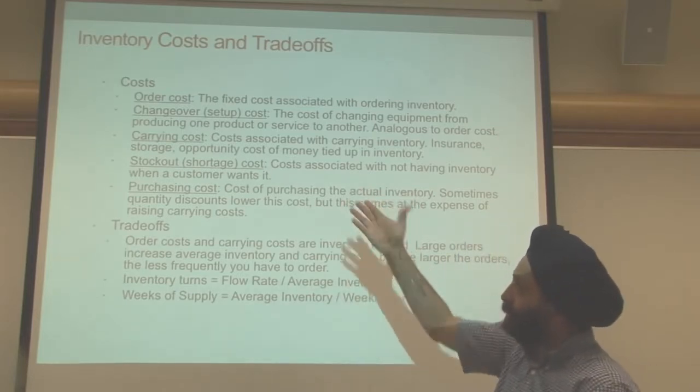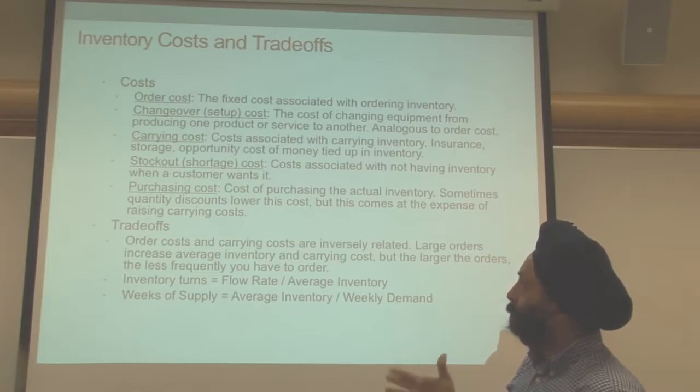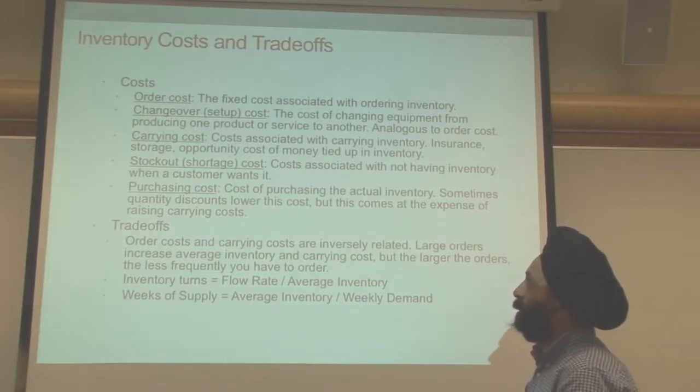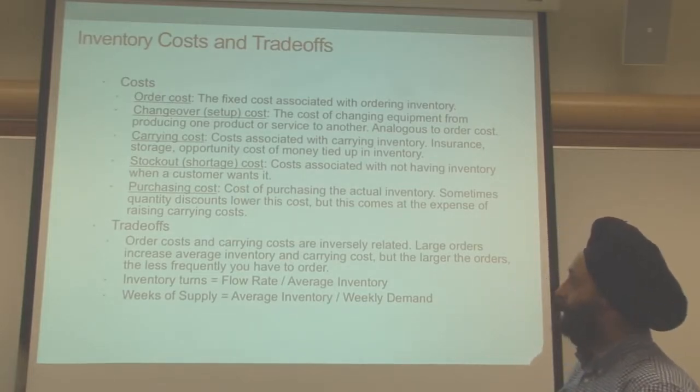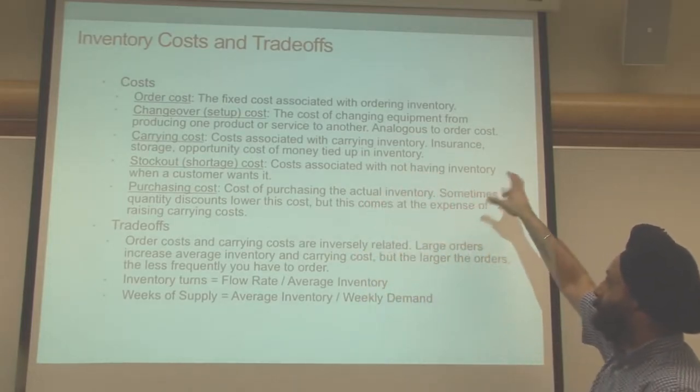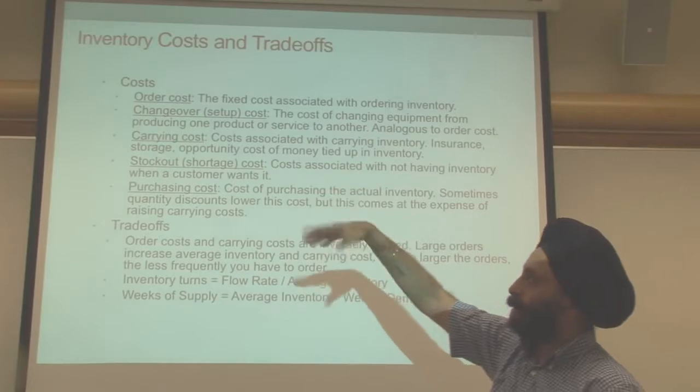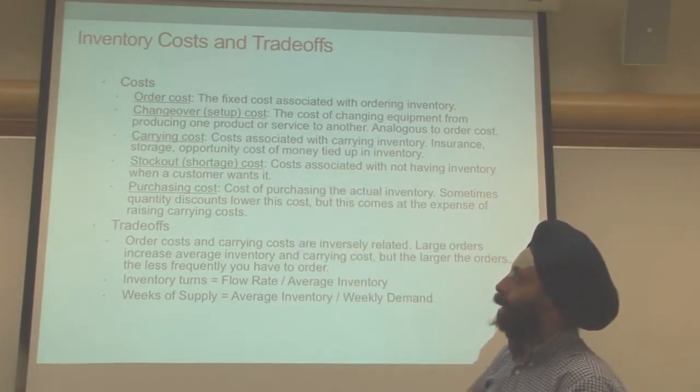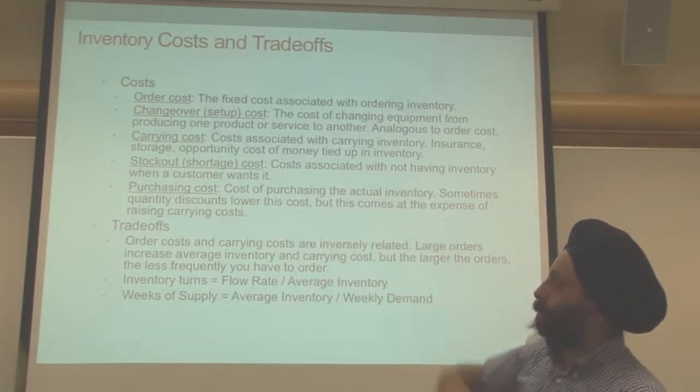That's a setup cost, the cost of stopping the line and changing the equipment from producing one product to another. So it's analogous to ordering costs, and a lot of times they're used interchangeably. But in a production model, we use setup cost.